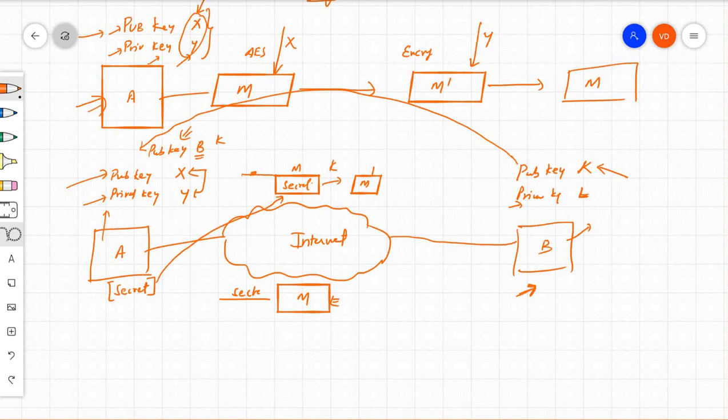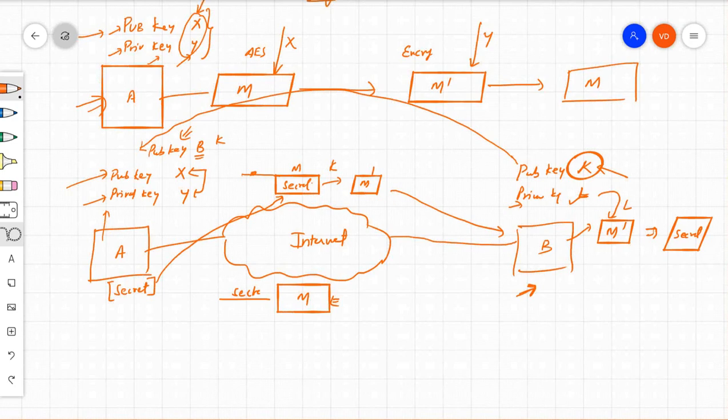When this message reaches B, what does B need to do? It needs to decrypt it using its private key, which is L, because if a message is encrypted using K, it can be opened using L, and we will be seeing the secret here.